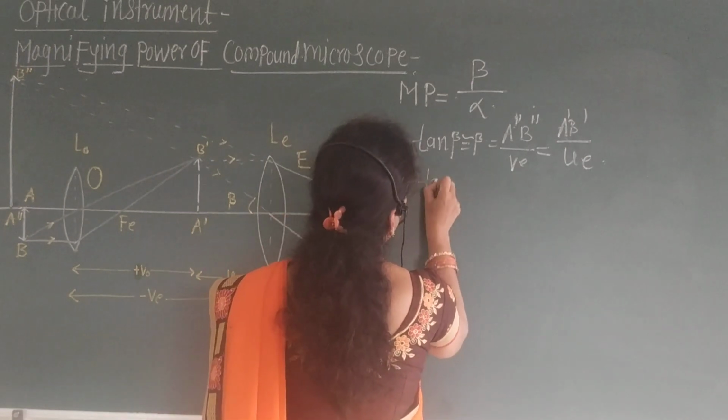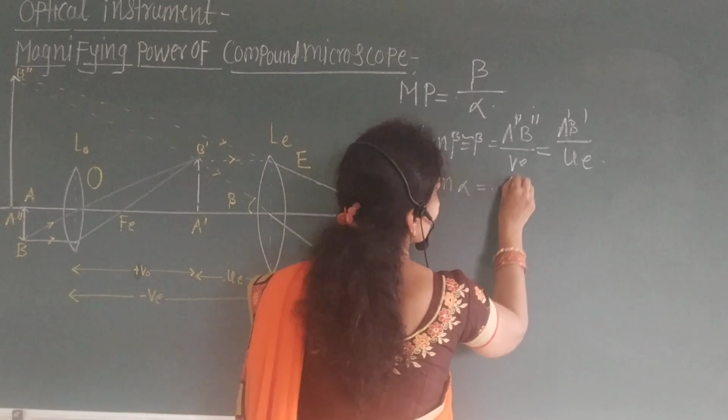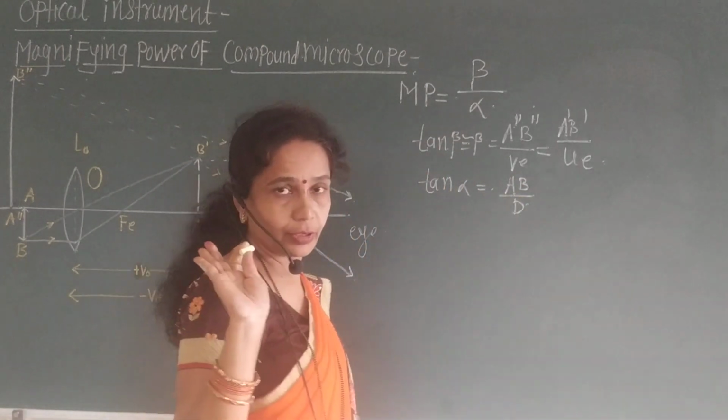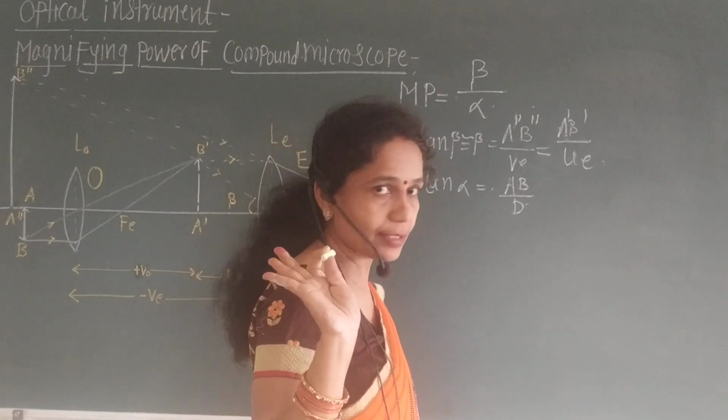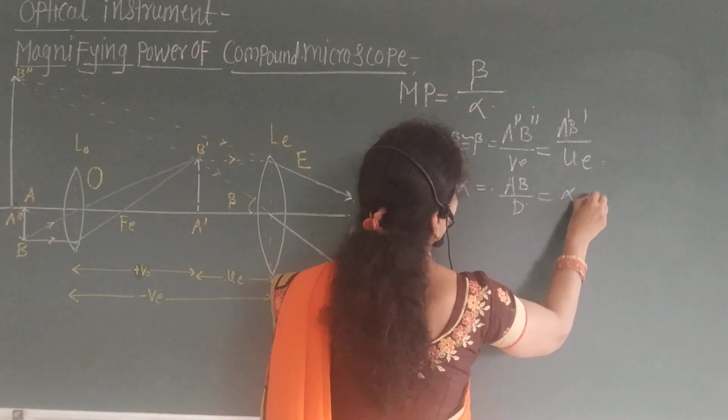Similarly, what is the value of tan alpha? It is AB upon D, as we have seen in the previous case, which is nearly equal to alpha.